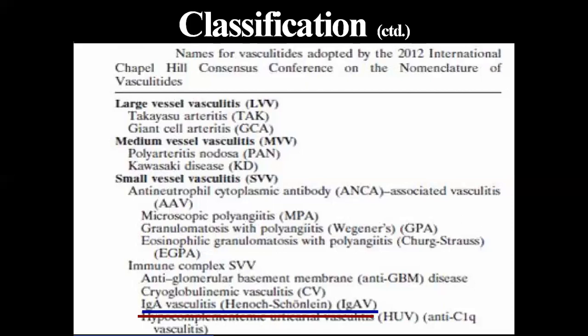So these are the types under the three divisions: large, medium, and small vessel vasculitis.